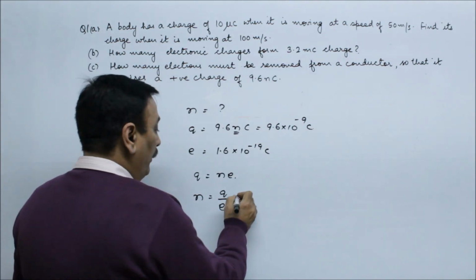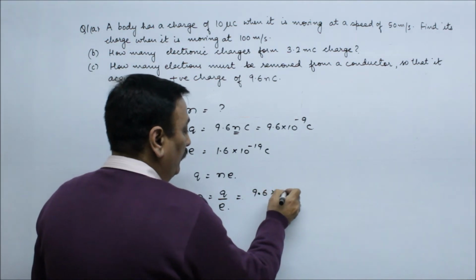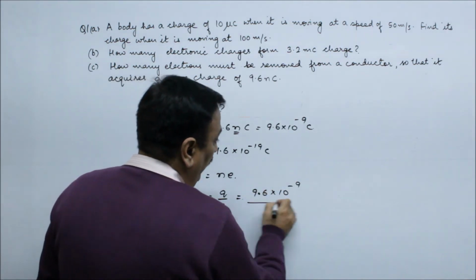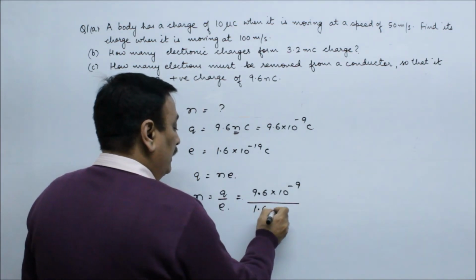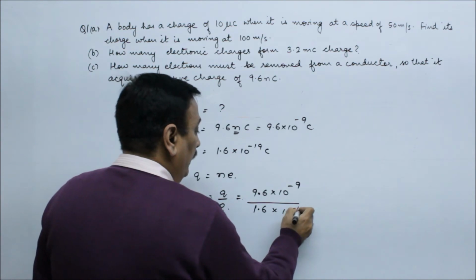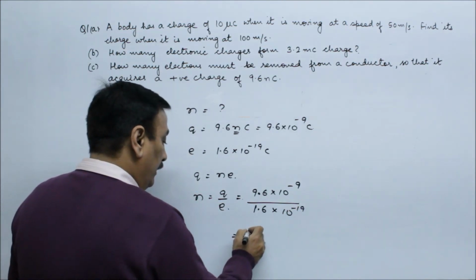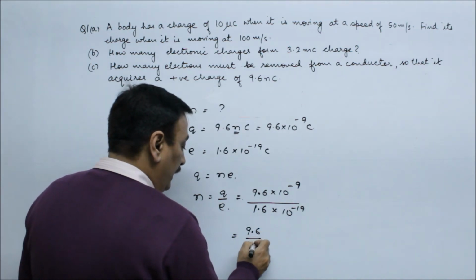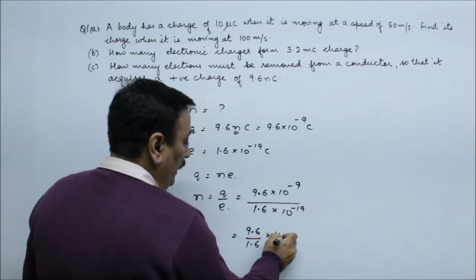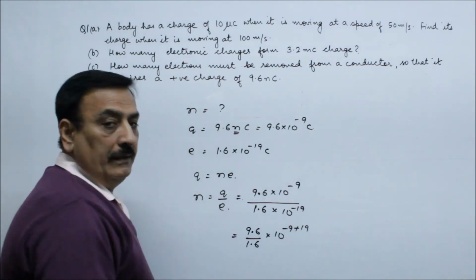So what is the value of Q? It is 9.6 into 10 raised to the power minus 9 coulomb, and here 1.6 into 10 raised to the power minus 19. So we can write 9.6 upon 1.6 into 10 raised to the power minus 9 plus 19.